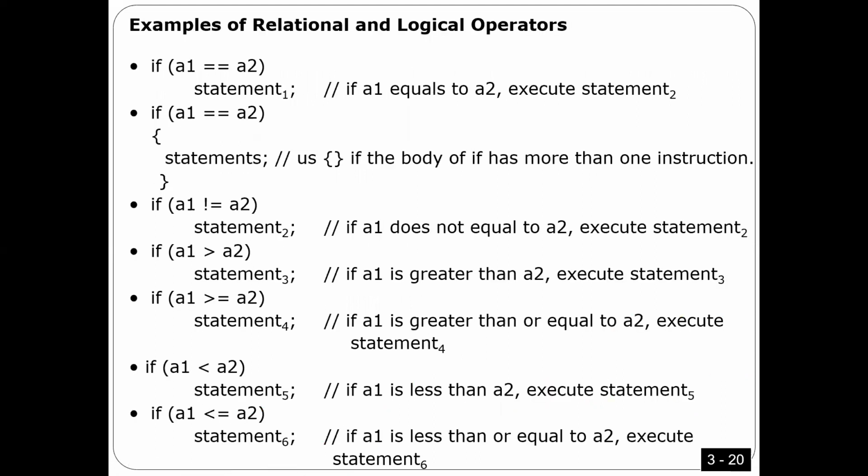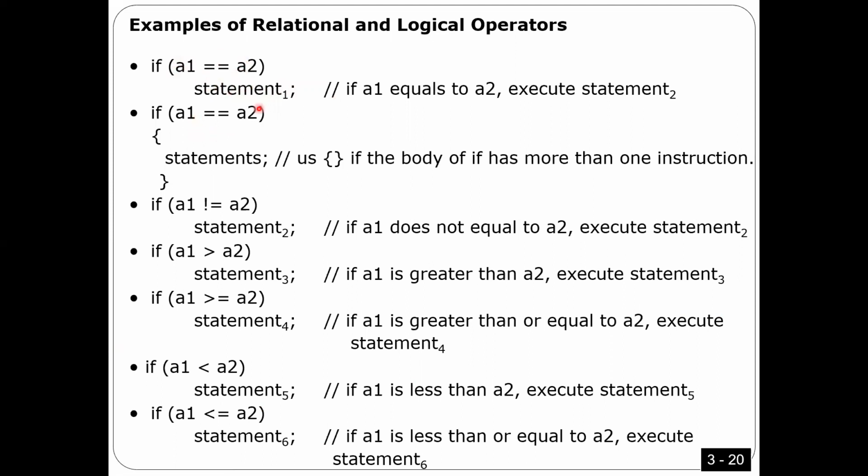So let me give you some examples, a very quick revision of C language. If we say something like this, guys, if E1 is equal to E2, and then I put the statement here, this is the body of if. So I'm going to execute the body of if when E1 is equal to E2. That's very easy.